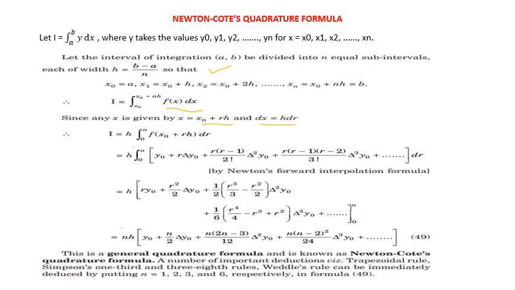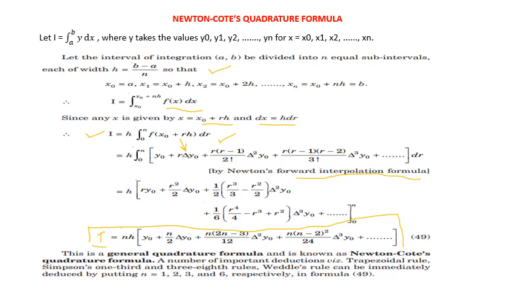So by changing the limits, we can write I is equal to h times the integral from 0 to n of f of x0 plus rh dr. F of x0 plus rh can be substituted by Newton's forward interpolation formula, and when you integrate it over r, you will get this general equation. Using this general equation all the Newton-Cotes formulae are derived.